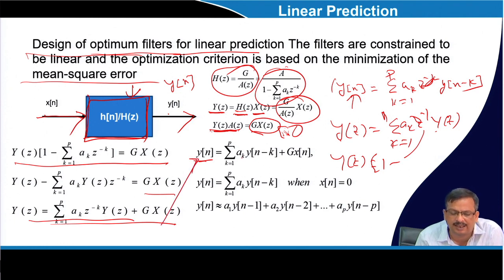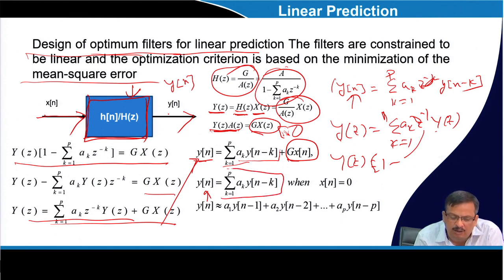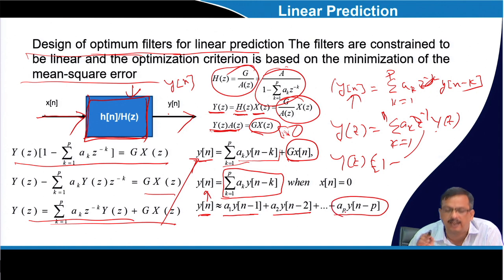So, y n is equal to a linear combination of the previous p number of samples plus the current input. Let us say the current input is 0. Then I can say the current sample y n is nothing but a linear combination of the previous samples. So, y n is equal to a1 y n minus 1 plus a2 y n minus 2 plus dot dot a p y n minus p.